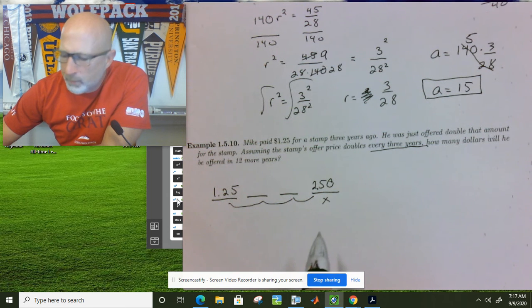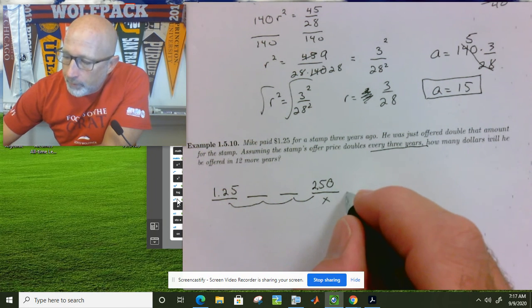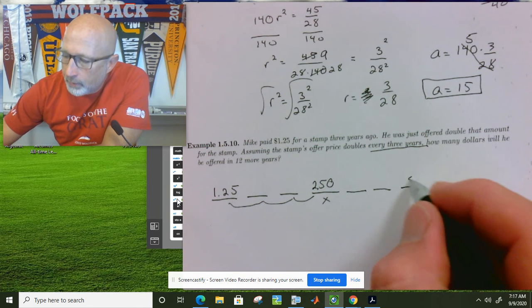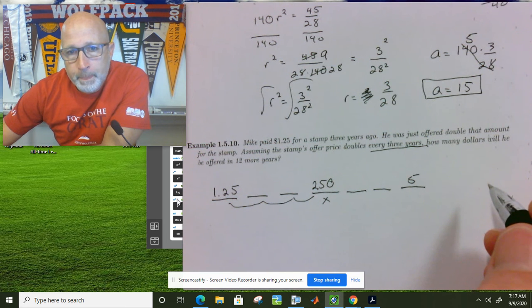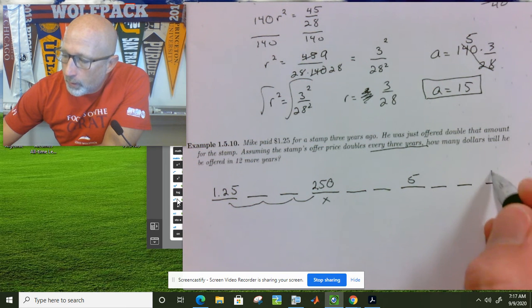Now this isn't going to be that hard because I'm only going 12 years out and I've already gone 3. So then let's go 1, 2, 3 more. So you double the amount. So it's going to be 5. And then we go 1, 2, 3 more, and it will be 10.